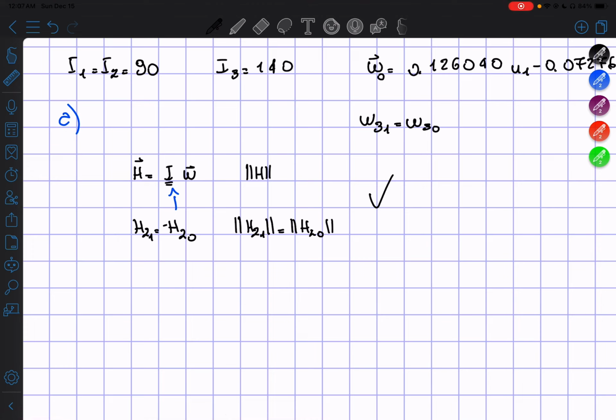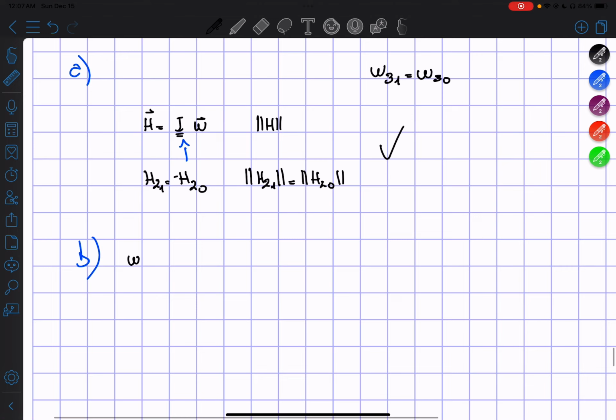For the second one instead, we see that our omega 3 at time 1 is different than our omega 3 at time 0, and it has gone down. The other two, however, have remained the same. So the H at time 1 is lower than H at time 0, because one of the components has gone down, meaning that our H3 at time 1 is lower than our H3 at time 0.